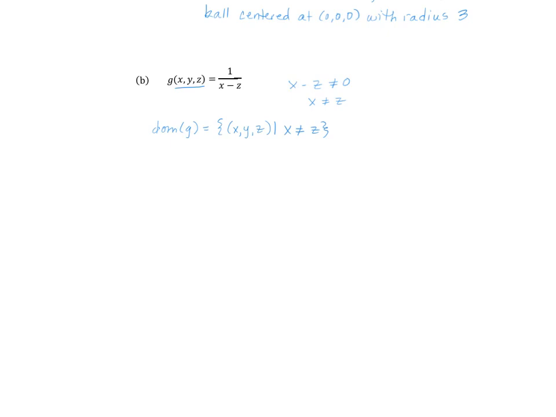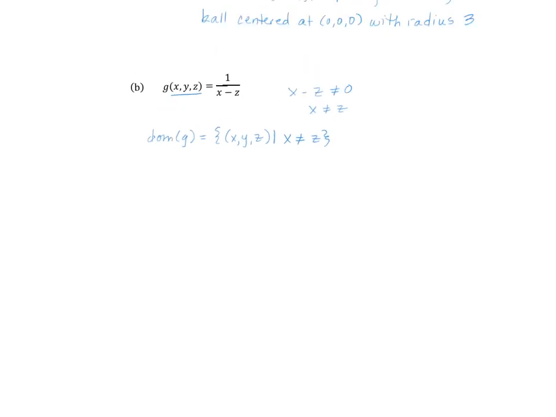So if I were to describe this domain, it would be all points in three-dimensional real space, R3, except x equal to z, that's a plane. So except the plane x equal to z. Okay, so that's it for this section.